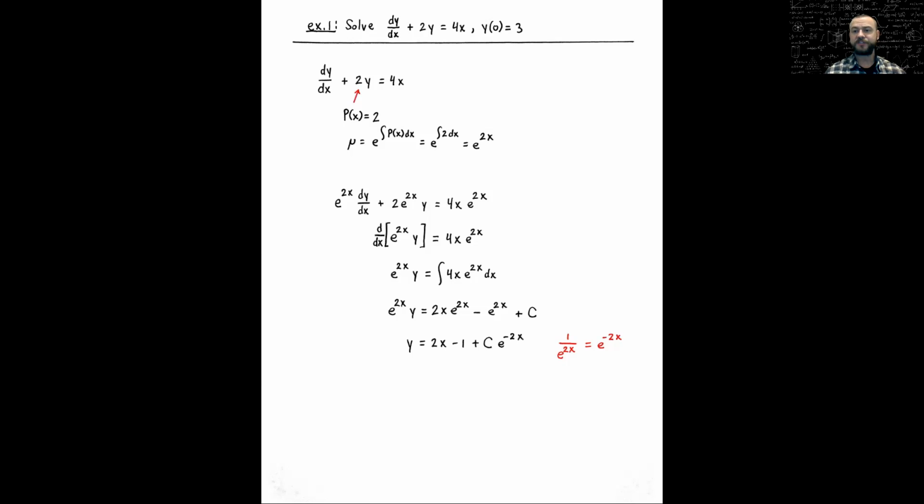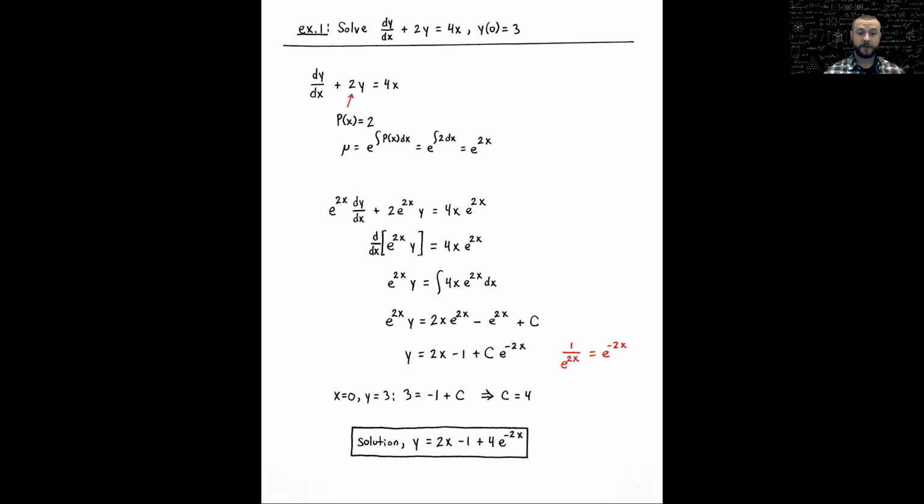E to the negative 2x, that's going to be more easily recognizable as a decreasing exponential function. All right, so for the most part, we're done. This differential equation does give us an initial condition, which we can use to solve for c. So you should find pretty easily the value for your integration constant c comes out to 4, and we plug that back in to get this nice looking explicit solution.